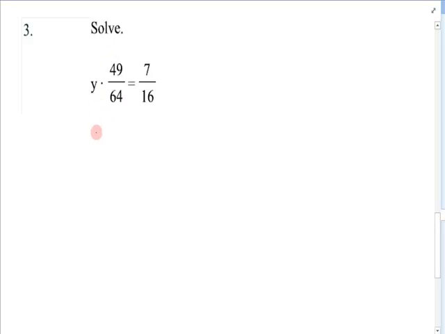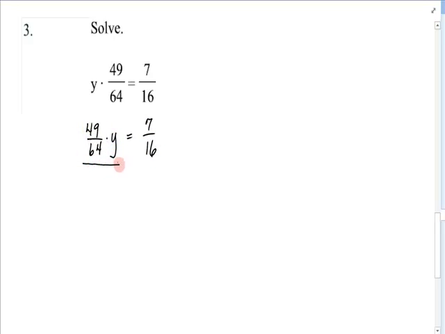All right, I'm going to move this 49/64 to where I'm more comfortable with it. Let's look at 49 over 64y is equal to 7 over 16. It is just a little more customary to have the number times the variable on the left.